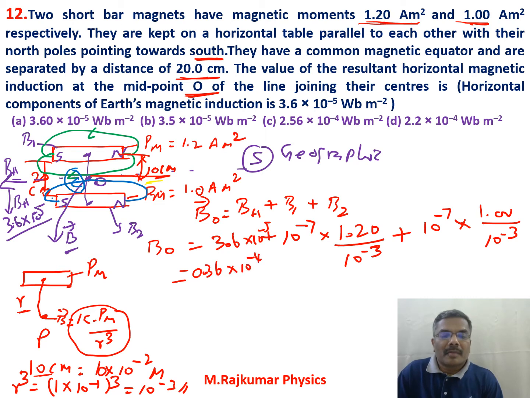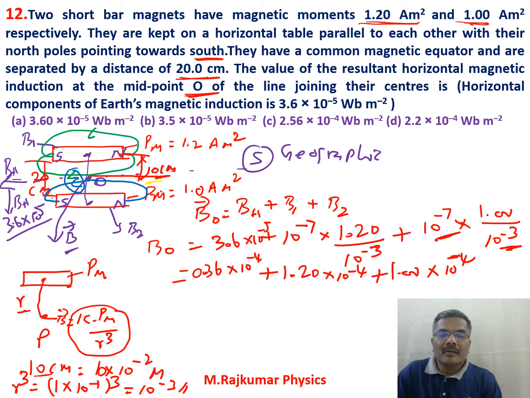Plus, this 10 power minus 7 and this 10 power minus 3 will become 10 power minus 4. So this will become 1.2 into 10 power minus 4, plus again this 10 power minus 7 and 10 power minus 3 will become 10 power minus 4, so this will become 1 into 10 power minus 4.